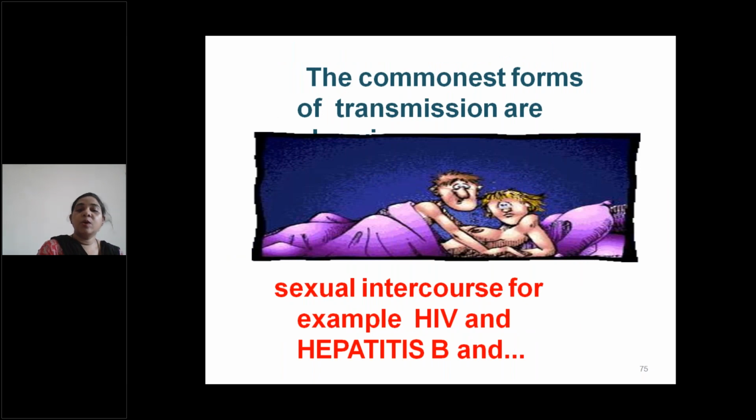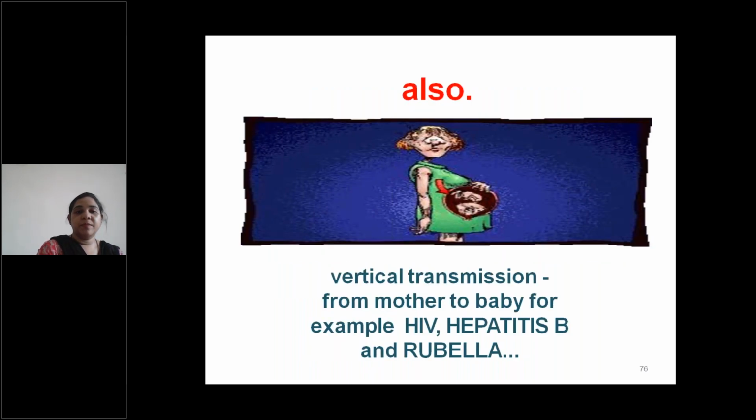Next one. Other modes of transmission: by sexual intercourse, for example, HIV and hepatitis B. Also, vertical transmission from mother to baby. Yes, from mother to baby. That is also possible: HIV, hepatitis B, and rubella.